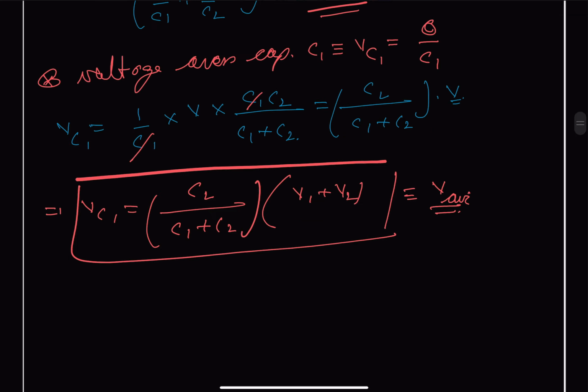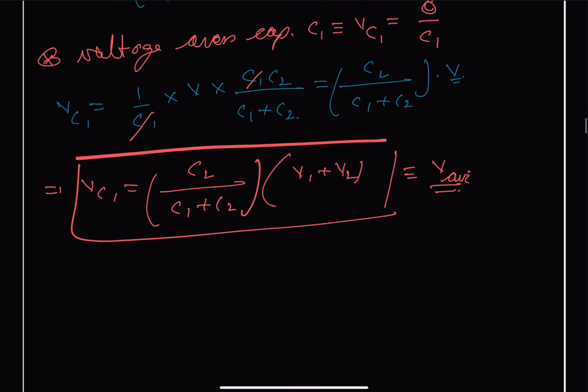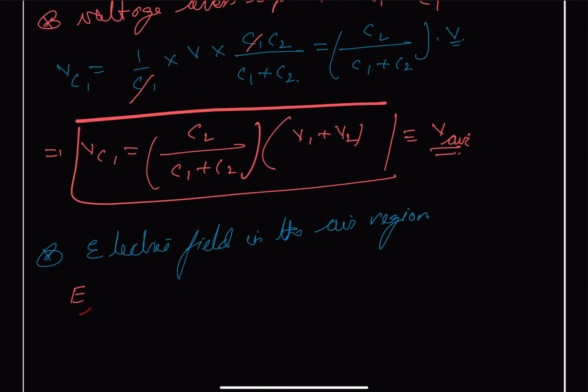Therefore, we can find out the electric field. Electric field in the air region, which we called as E, or we can also write this as E air, because force we called as Q multiplied by E. E air will be equal to voltage VC1 divided by d minus t, or which we can also say as V of air divided by d minus t.